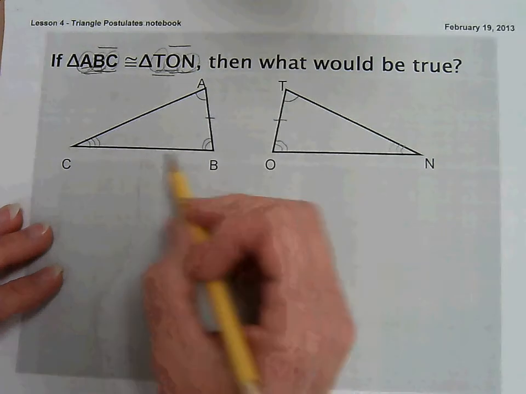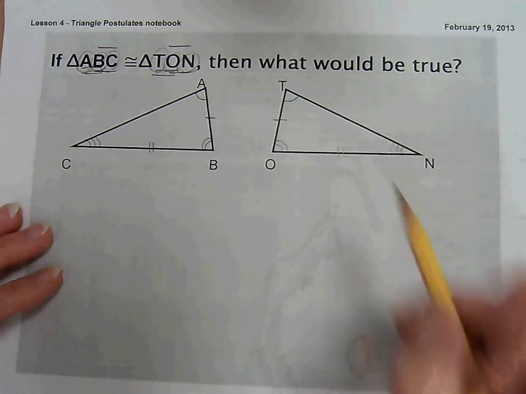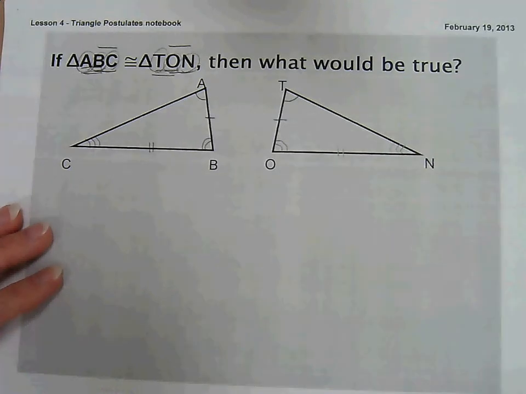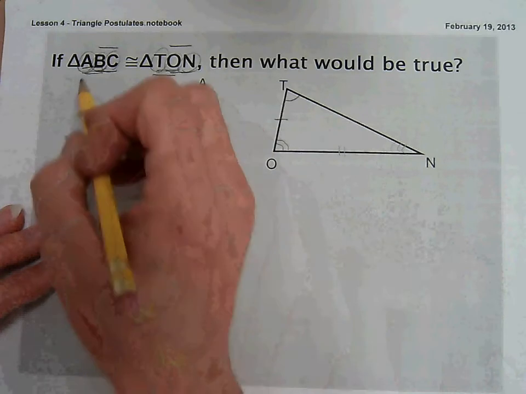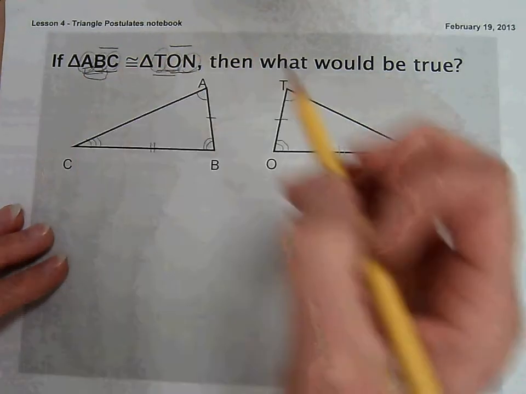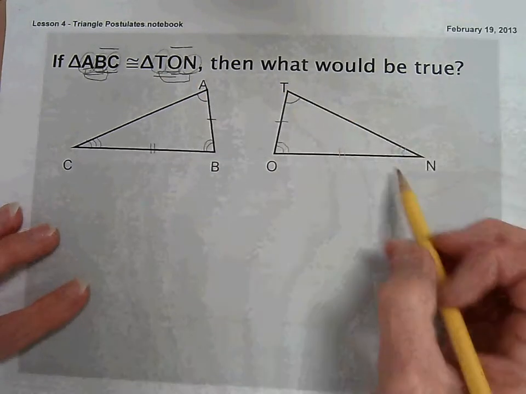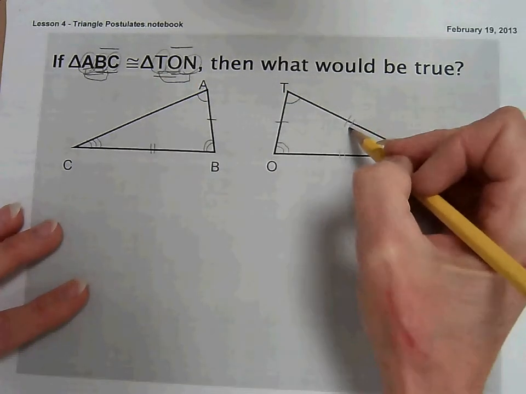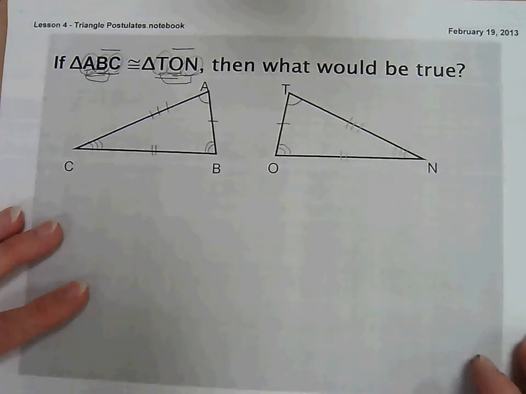So here's BC and here's ON. So that makes sense, doesn't it? Those look like they would be the ones that are congruent. So we also have line segment AC and TN. So that is our third set of lines that are congruent.